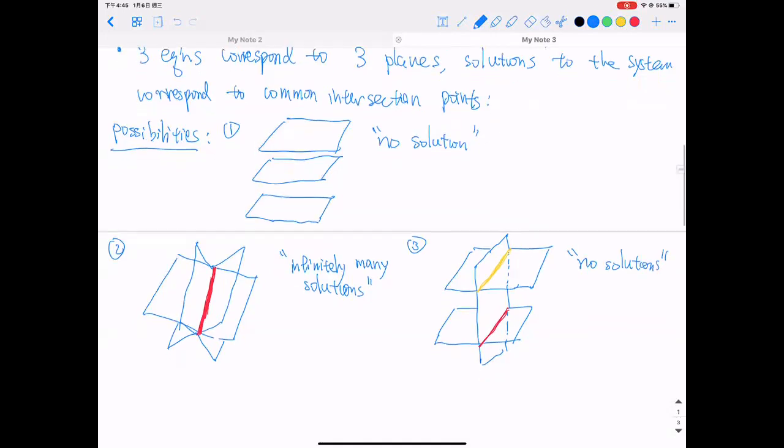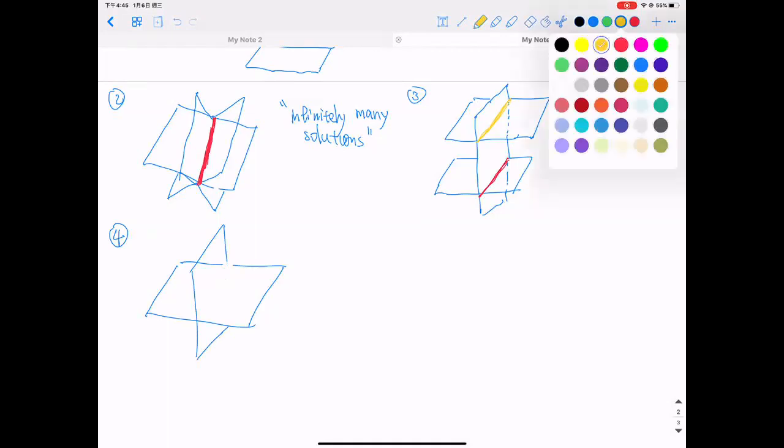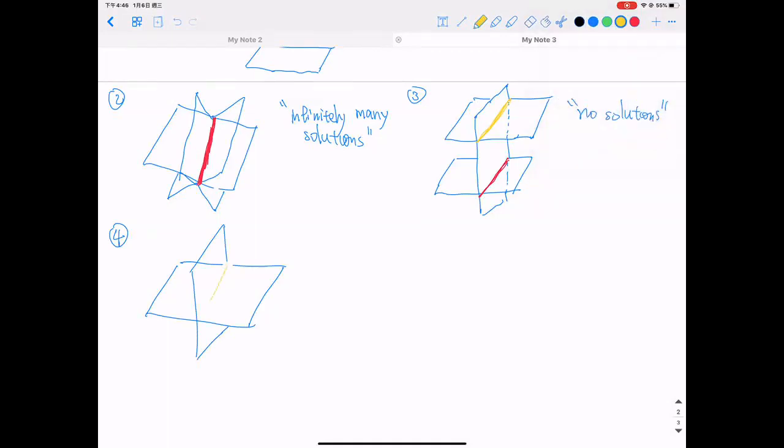Okay. Now, there are other possibilities, of course. You could have, say, a plane like this, a plane like that, and a third plane. Let's first draw the line of intersection of these two planes. They intersect along such a line.